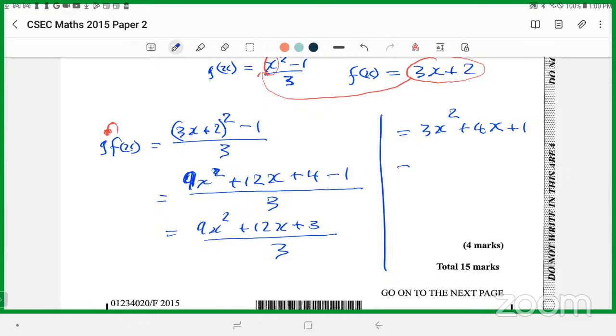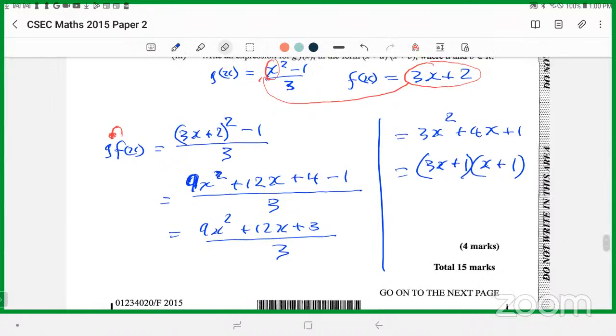Easy to factorize because prime and 1. Factors of 3x squared is only 3x and x. Factors of 1 is only 1 and 1. So let's test that. 3x and x, 1 and 1. Everything positive. Signs are the same. They are both positive. Let's double check it. Far product is 3x. Near product is 1x. 3x and 1x give me the middle term of 4x. Everything good. Those are my factors.